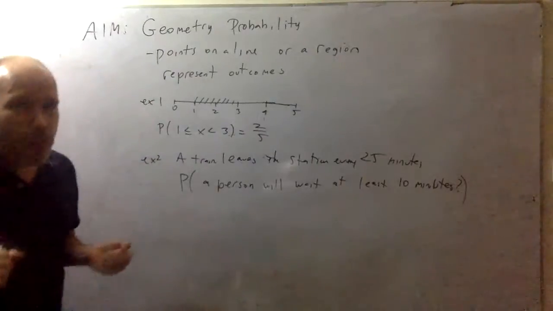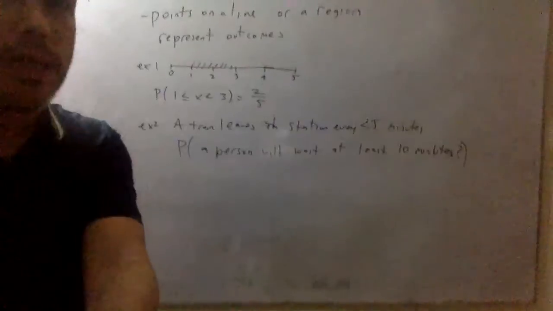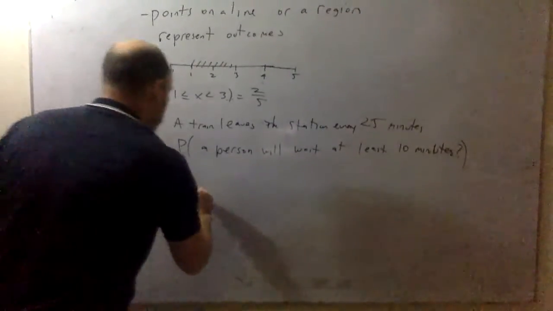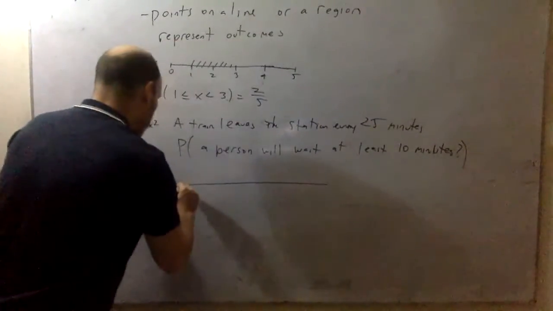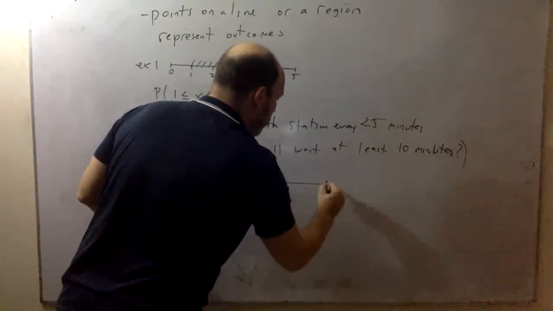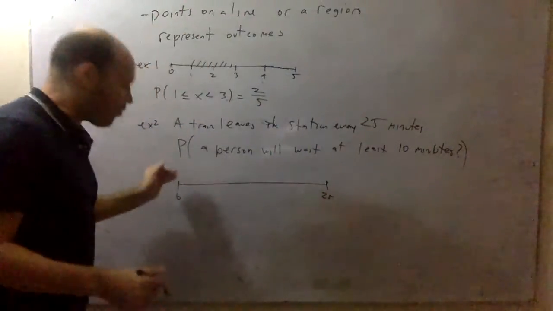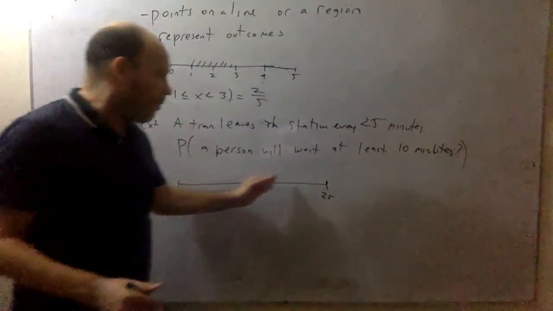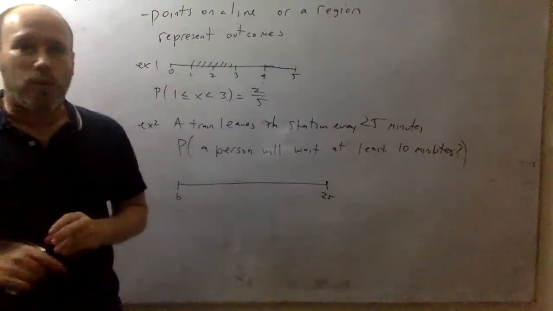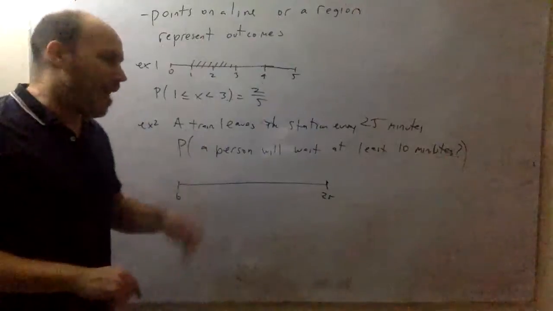So, okay, let's come back. In this case, we're going to use a number line to represent this. The number line is 0 to 25, the amount of time you have to wait. The second train leaves, you have to wait 25 minutes, so at most, you have to wait 25 minutes. But I want to know if you're waiting at least 10 minutes.